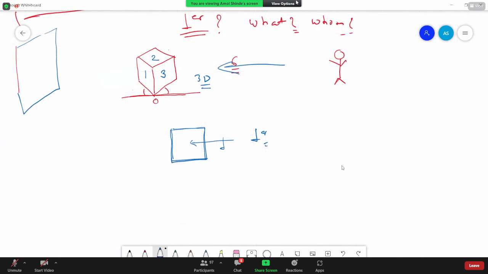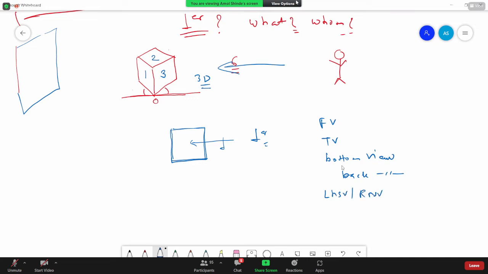Now, as 6 views are possible, we can draw the 6 views. The names of the views are front view, top view, bottom view, back view, and LHS left hand side view, and RHS.